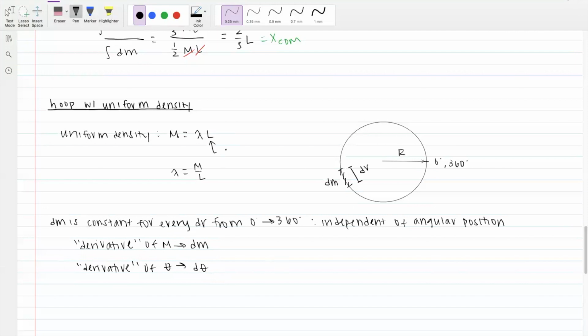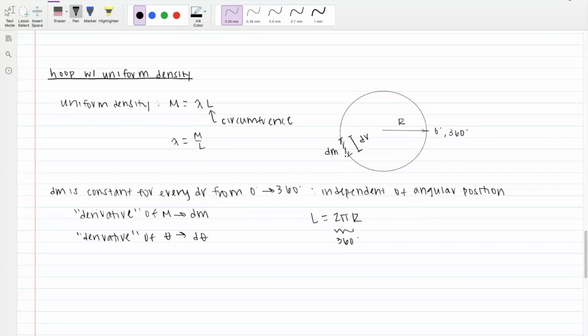As we mentioned before, this L is equal to the circumference. L will then equal 2 pi r, correct? 2 pi is the same thing as 360 degrees. So if we want to look at only a certain portion of the circumference or an arc, we would replace this as an instantaneous theta, or some delta theta times r.